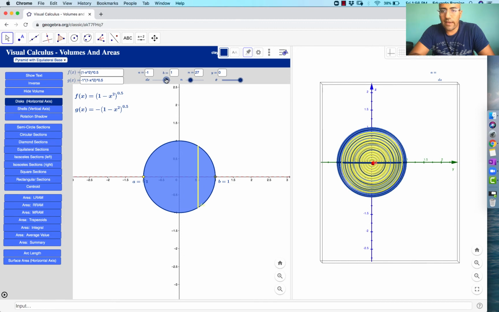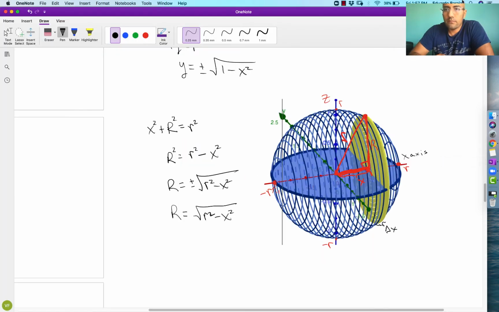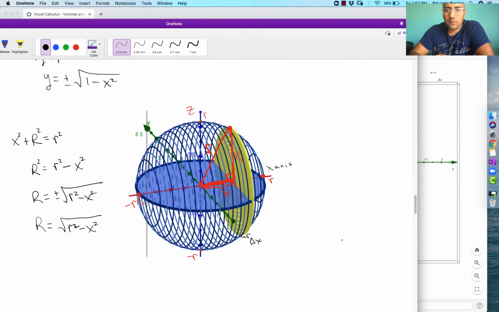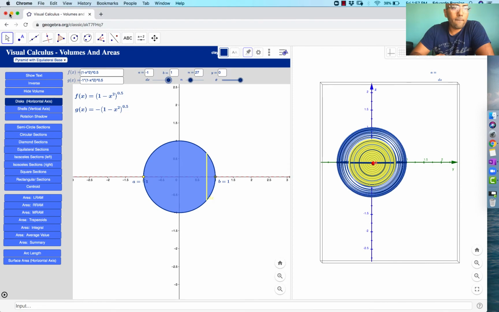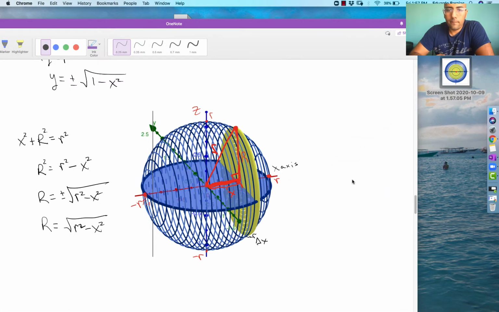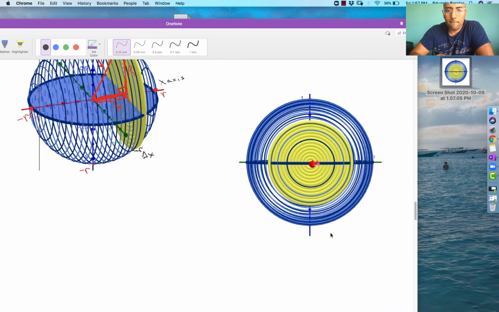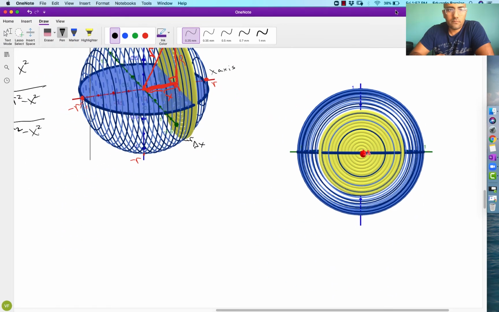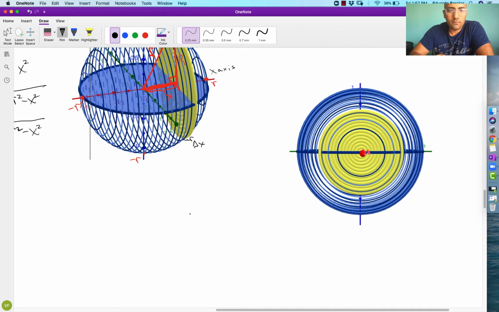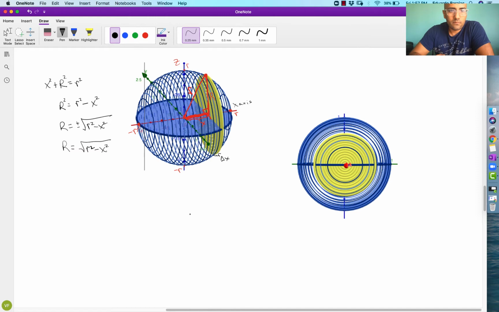So if we want to find the area of this yellow circle, let's go back to here. Okay. So now twisting it around, here's that same yellow circle.